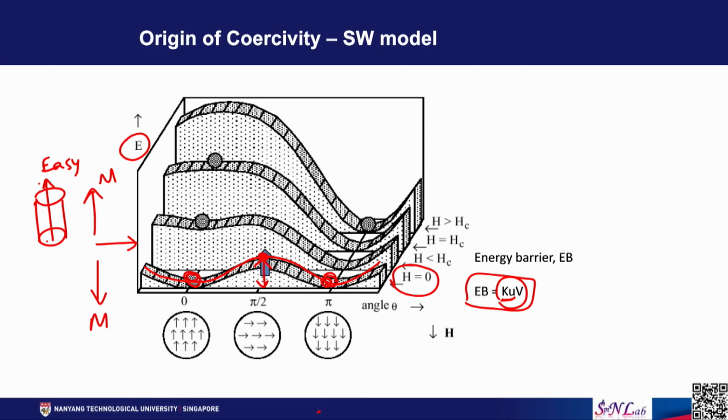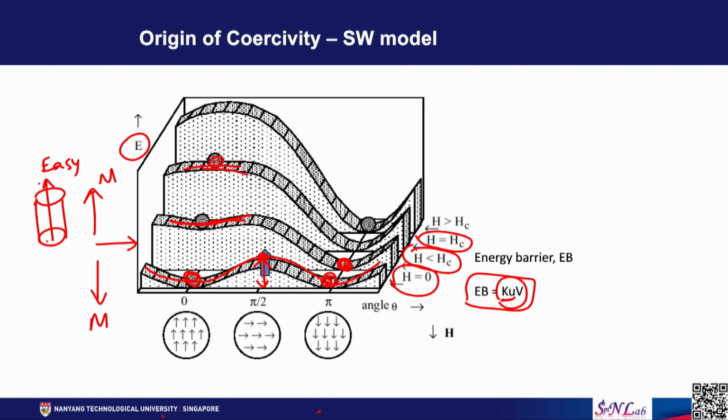Okay, now, let us say you apply some magnetic field, you increase the magnetic field. So, when it is close to the coercivity, you can see the energy landscape has changed. This direction, this one has the lowest energy, and this is the excited state. And once you reach a field closer to the coercivity, there is no energy minima here.